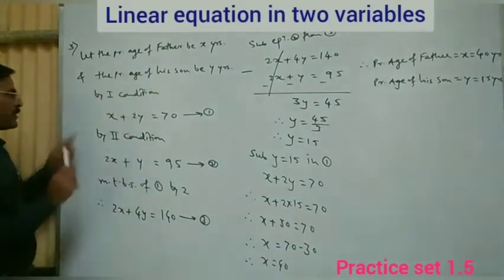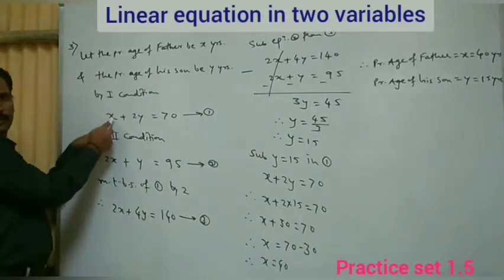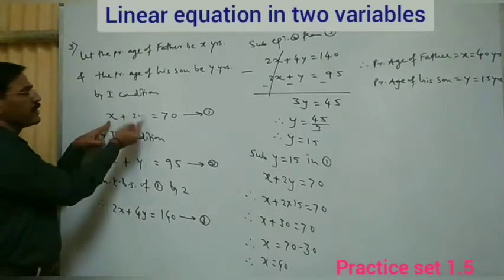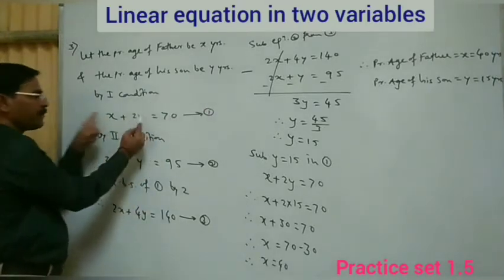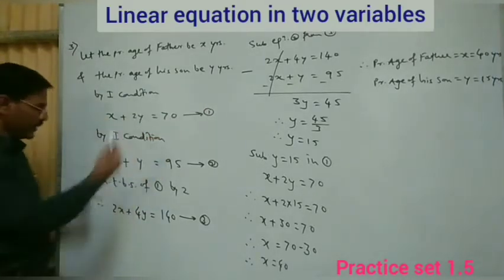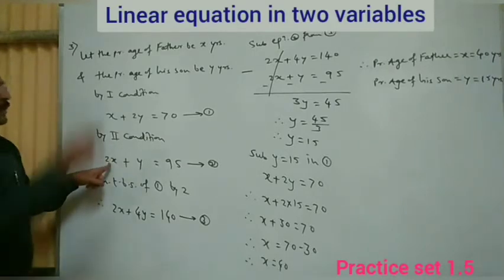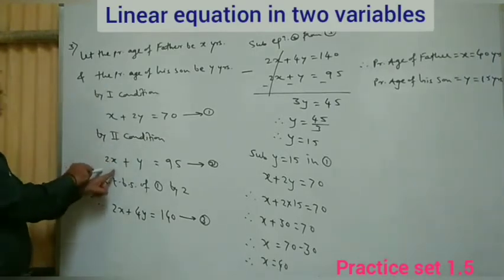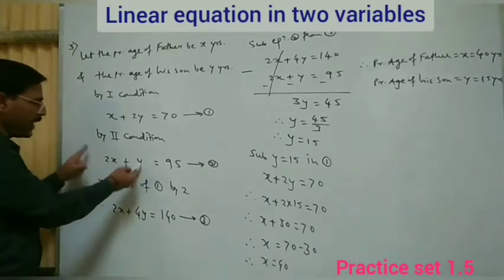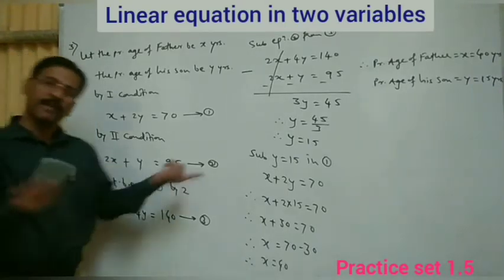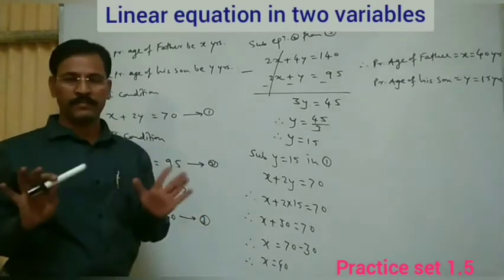The age of his father, and twice the age of his son, that is 70. So 40 plus twice of 15, 30, 40 plus 30, 70. Here double the age of father means 40 twos are 80, plus add the son's age, which is 15, means 80 plus 15, 95. Like this we can verify. Understand?